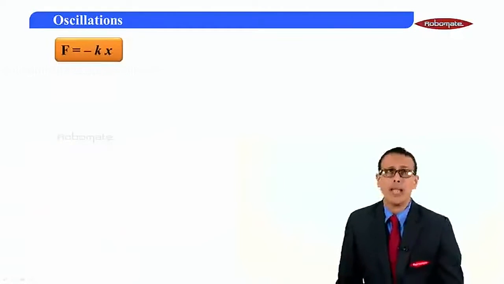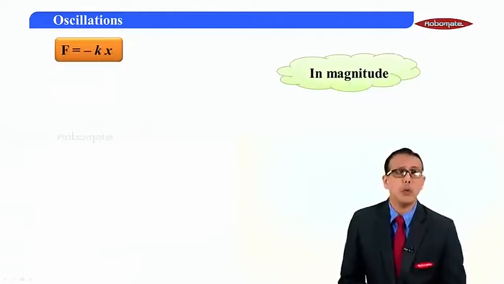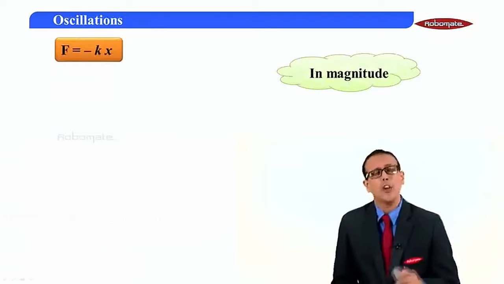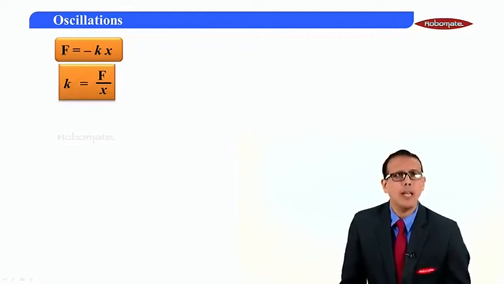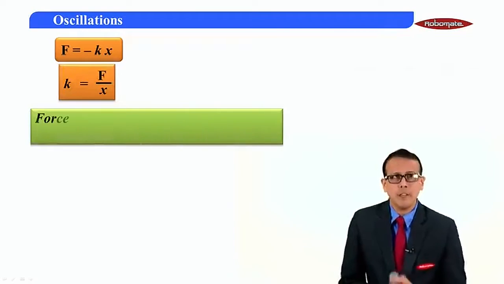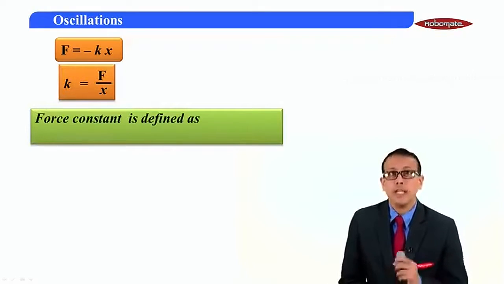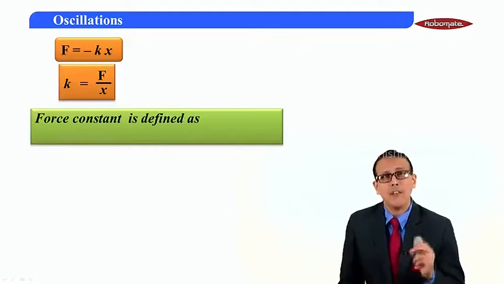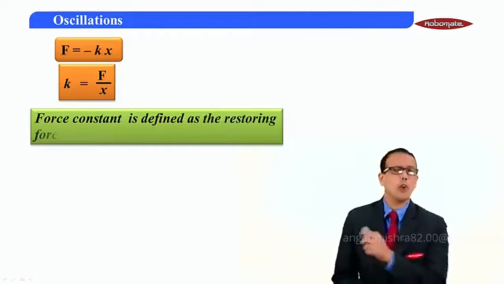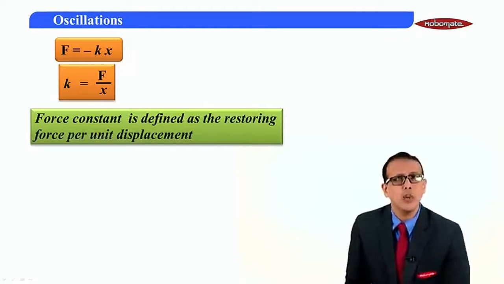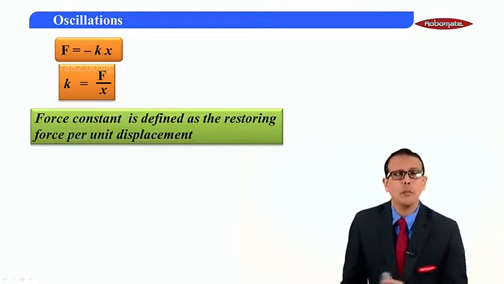In magnitude, I can write F is equal to kx, and hence the force constant k can be written as F upon x. Let's define force constant. Since k is F by x, where F is restoring force and x is displacement, force constant is defined as restoring force per unit displacement.